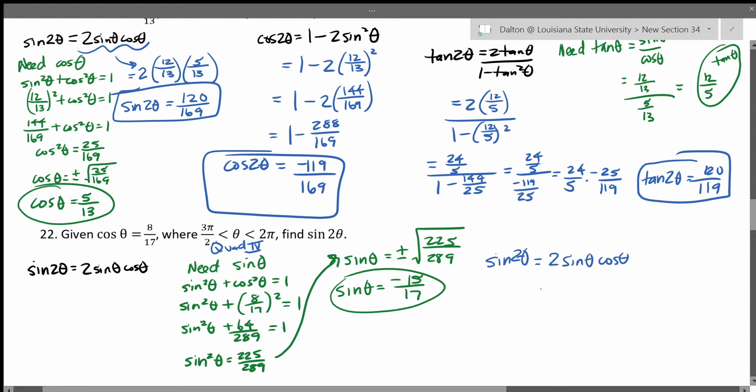So that's 2 times sine theta, which you just found is negative 15 seventeenths, times cosine theta, 8 seventeenths. If I multiply all those things together, I get that the sine of 2 theta will be negative 240 over 289.